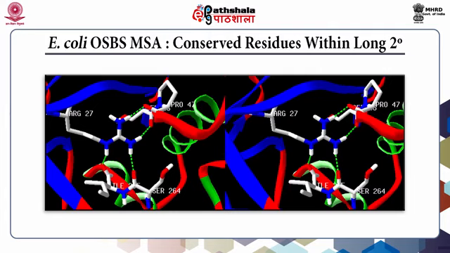It is clear from the 3D structure that the conserved arginine at position 27 has several electrostatic interactions with carbonyl groups of the main atoms of distantly placed serine 264, isoleucine 265, serine 46 and proline 47. Therefore, mutating this residue will result in a decrease in catalytic efficiency of the enzyme.